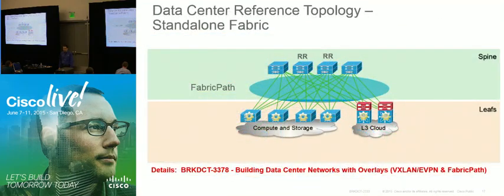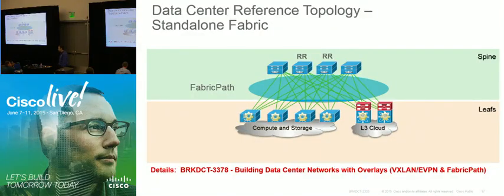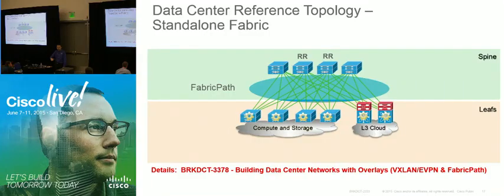How about this? Who's heard about standalone fabric this week? One person heard about it. The rest of you have not. Okay. We've been talking about standalone fabric, and essentially, if you have FabricPath, what we can do is take the layer 2, layer 3 boundary from the aggregation to the leaf. No HSRP, none of those protocols. And give you an overlay control plane protocol, such as BGP for host reachability.